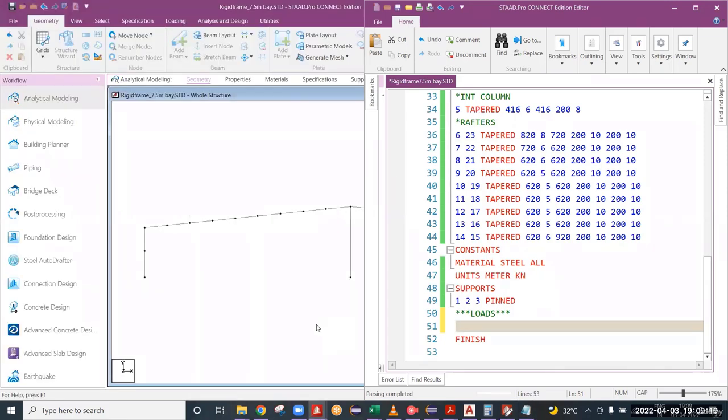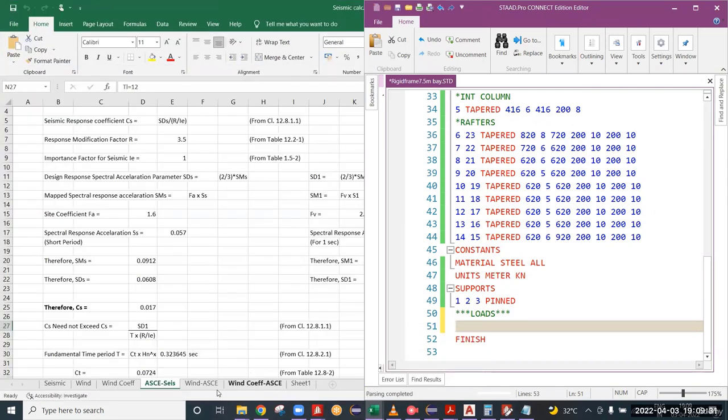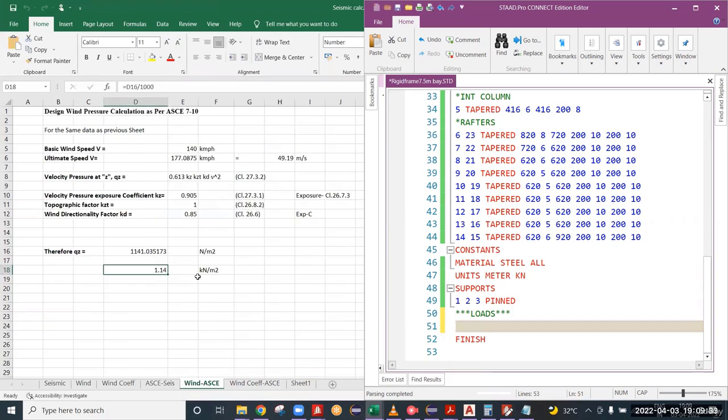And we are going to design the loads according to ASCE 7-10. Whatever the seismic calculations and wind calculations we have seen, the design wind pressure calculation was as per ASCE 7-10. So according to the 7-10, we have to apply loads.